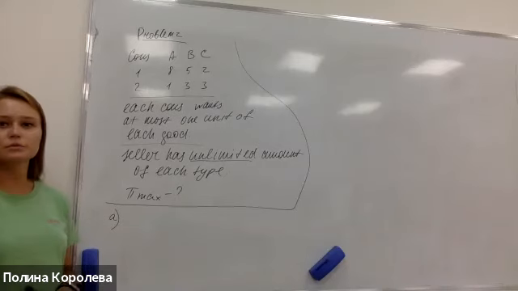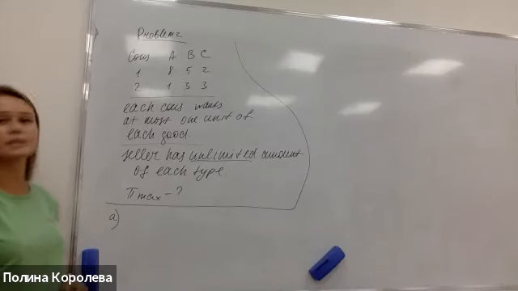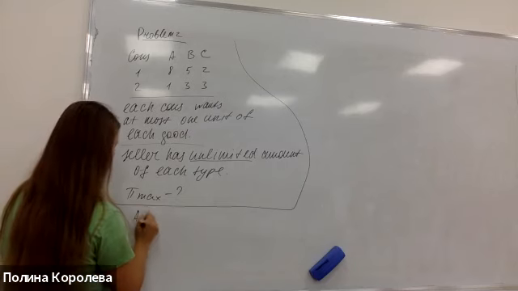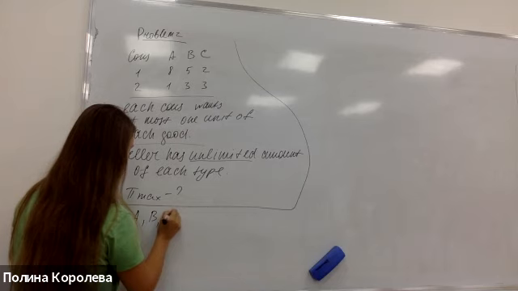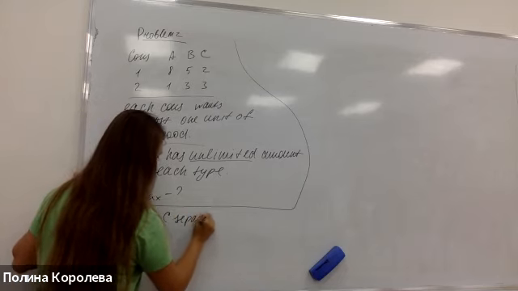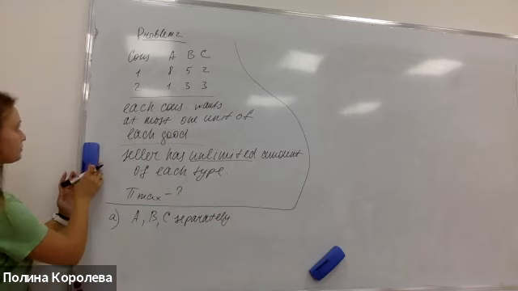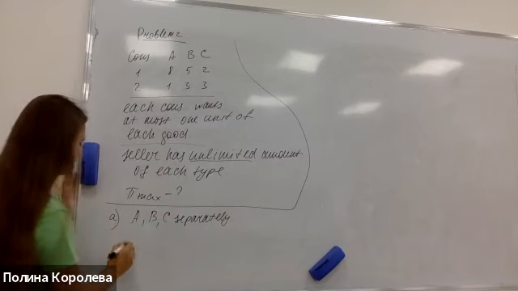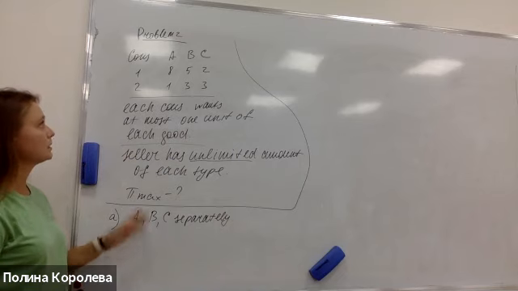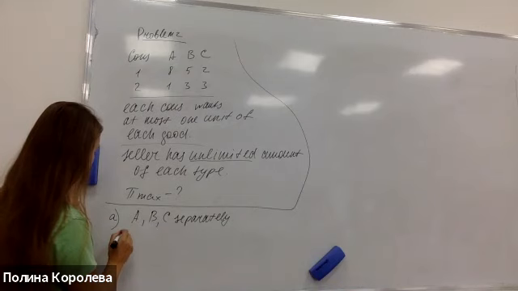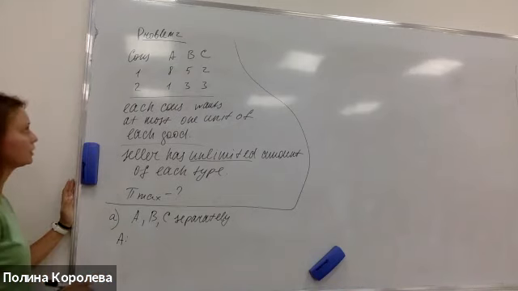So point A. First option, to sell all these goods separately. To sell A, B, C separately. So we should set different prices for different goods. For good A, what options do we have?